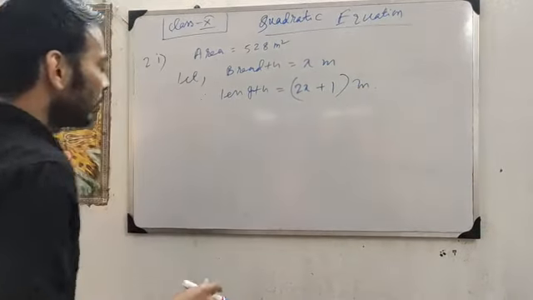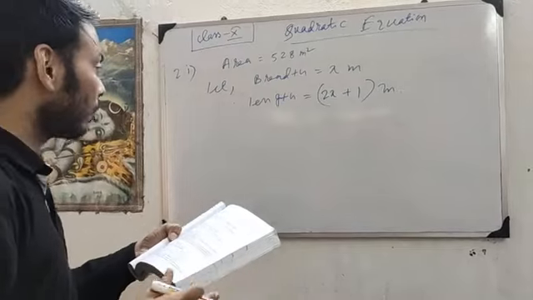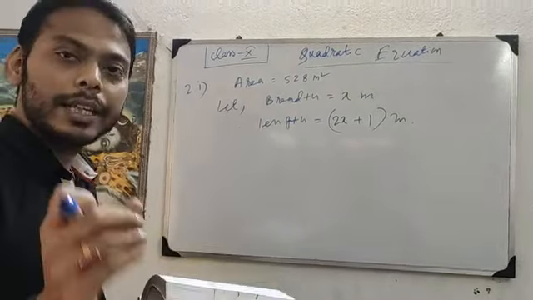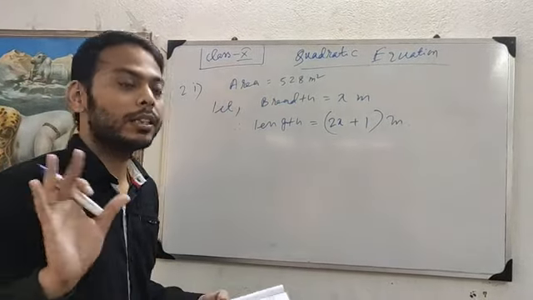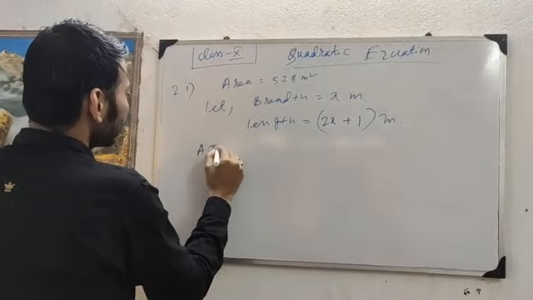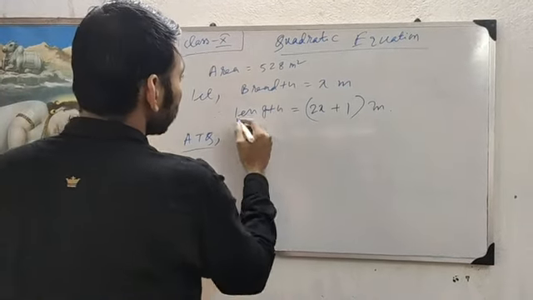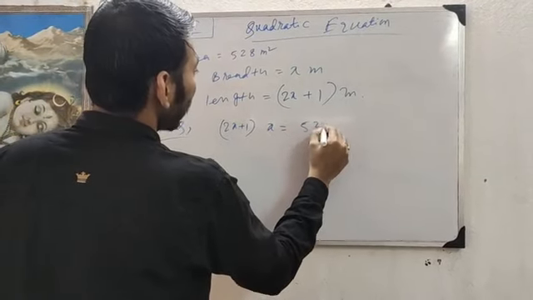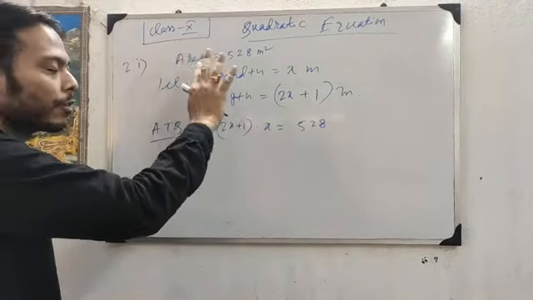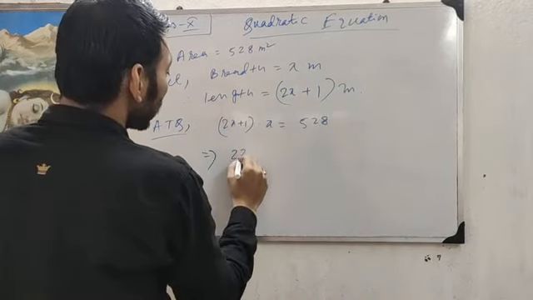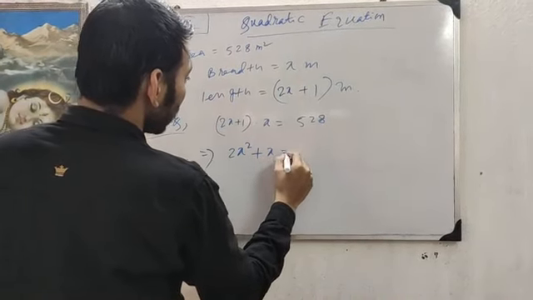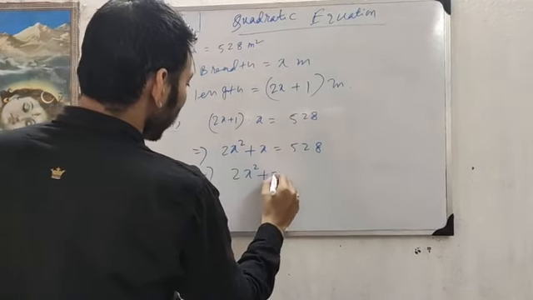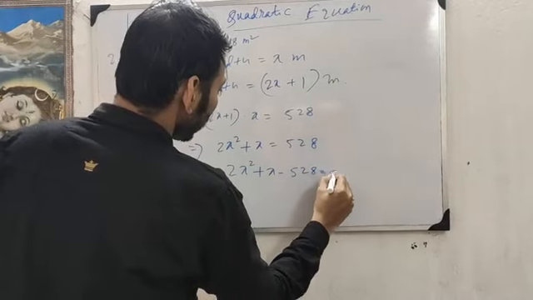Okay. Now, what is the formula for the rectangle? We know that the area of the rectangle will be length into breadth. So according to the question, (2x + 1) · x = 528, because area 528 is given here, implies 2x² + x = 528, implies 2x² + x − 528 = 0.